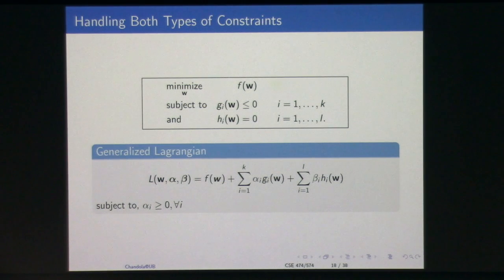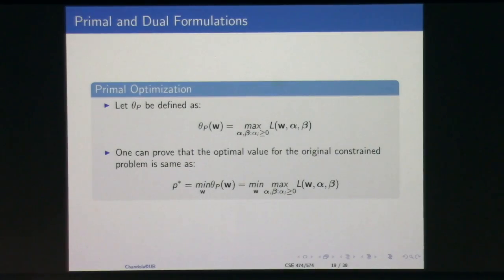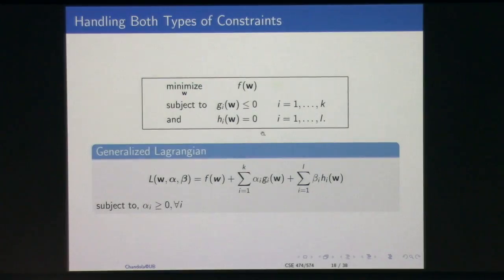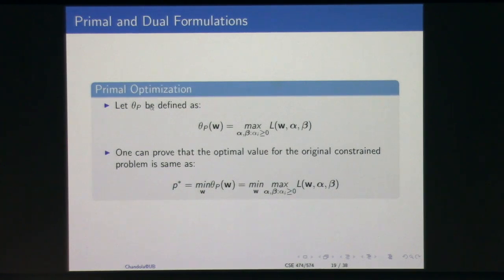All right, so now we are going to take another step towards this notion of primal and dual formulations of optimization problems. So we are just moving from this setup. Let's say this is what we want to solve. I'm going to first define this sub-problem, theta p.